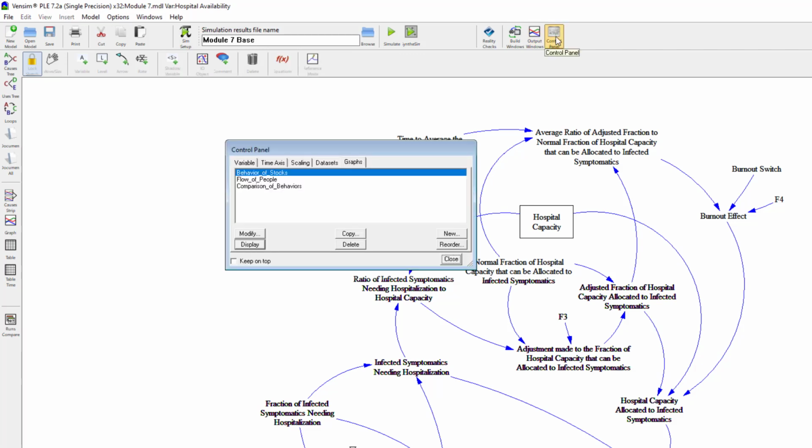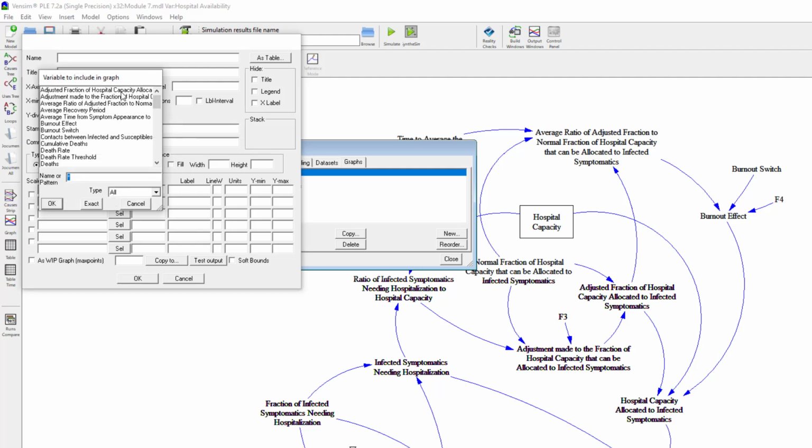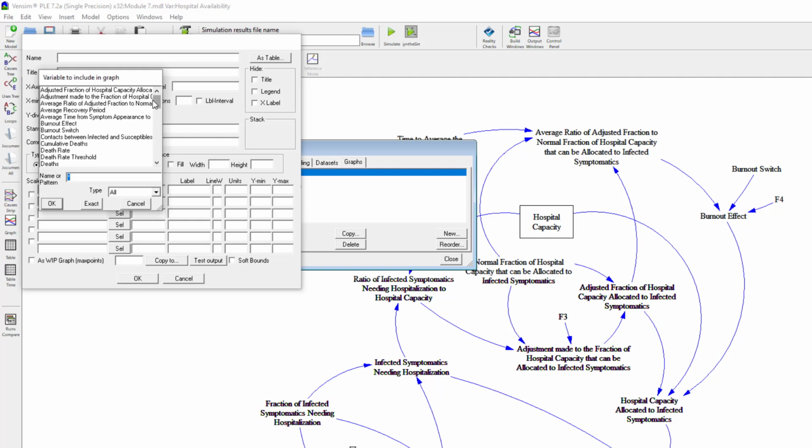We can go to control panel and we can create a new graph, and I'm gonna select infected symptomatic needing hospitalization. And then hospital capacity actually allocated for infected symptomatics.